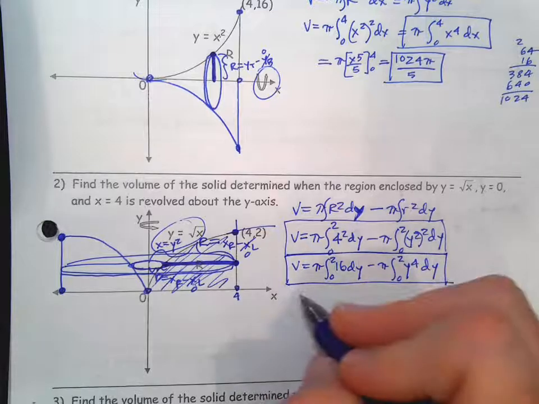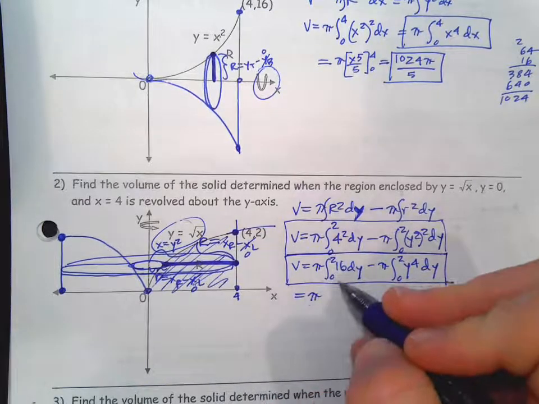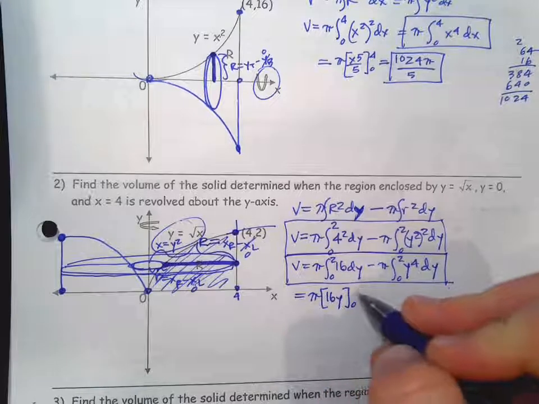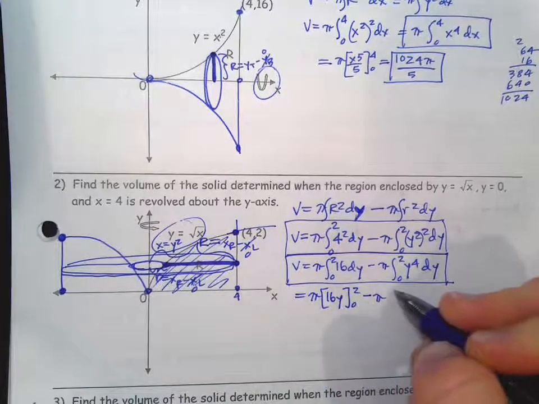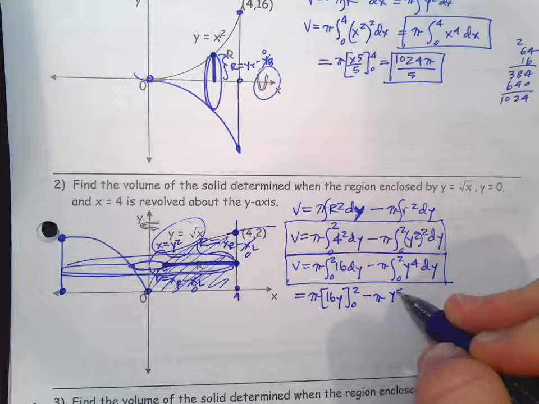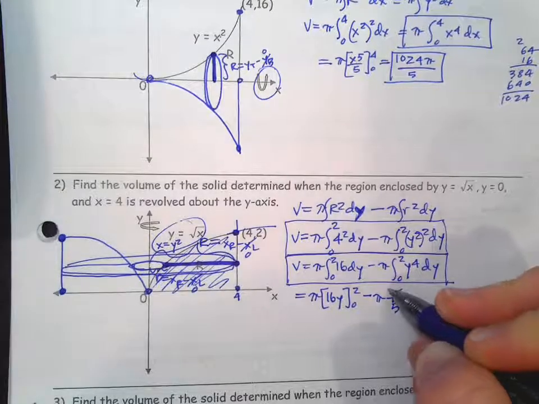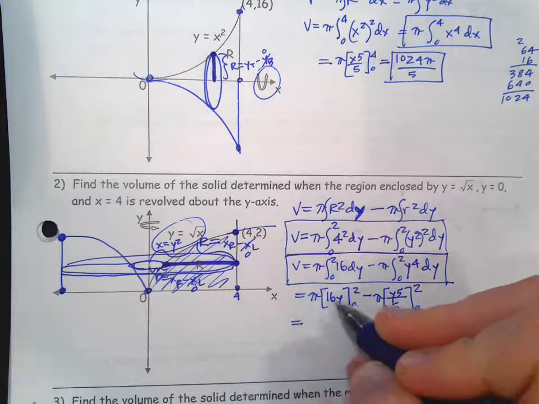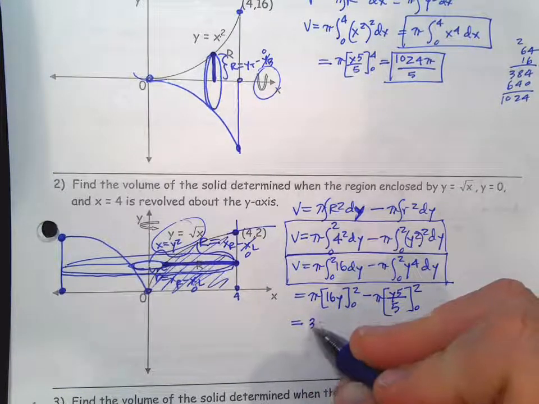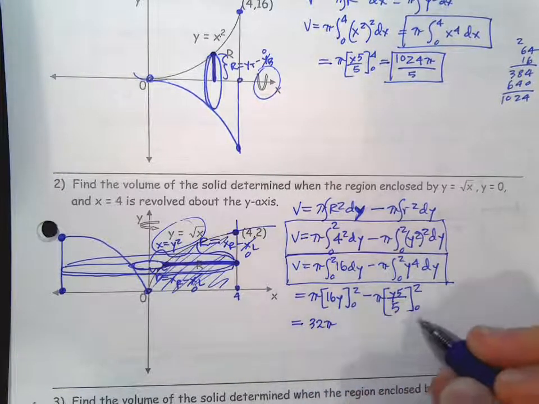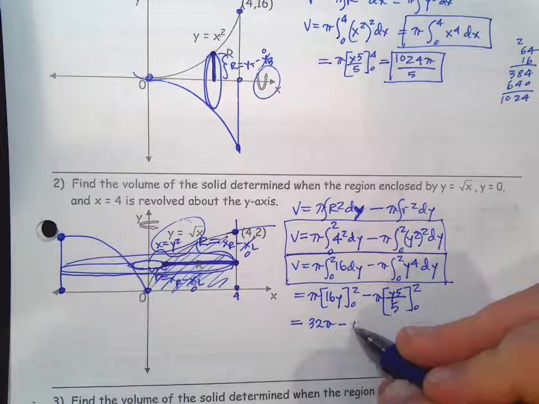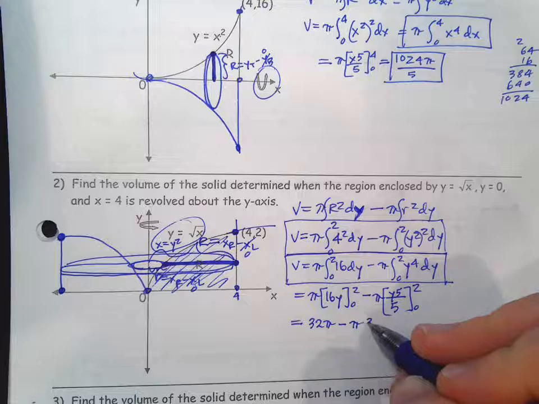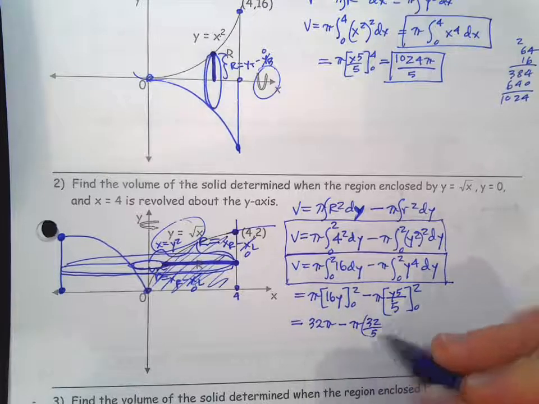Now, if you're going to do it by hand, the antiderivative of 16 is 16y. And the antiderivative of y to the fourth is y to the fifth over 5. So plug 2 in here, we get 32 pi minus 0 minus pi 2 to the fifth, 2 to 4, 8, 16, 32 over 5 minus 0.